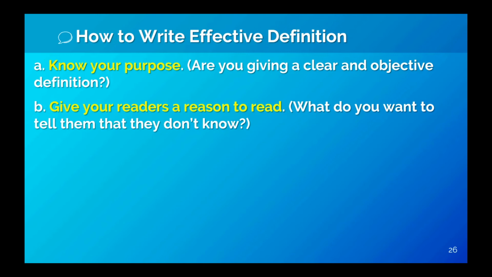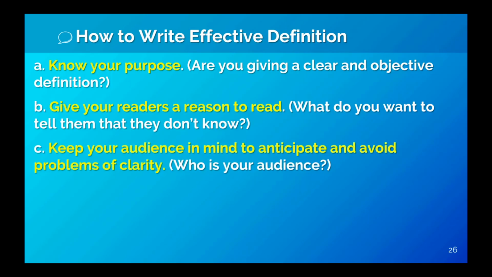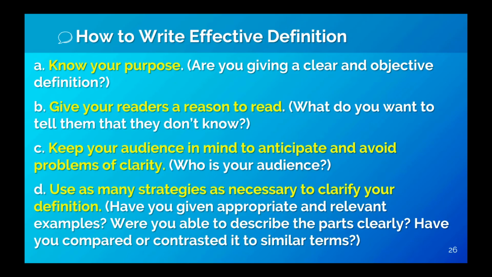So you think of a reason to make them read your paragraph. Third, keep your audience in mind to anticipate and avoid problems of clarity. Who is your audience? Who are you talking to? Who are you writing that paragraph for? And finally, use as many strategies as necessary to clarify your definition. Okay?